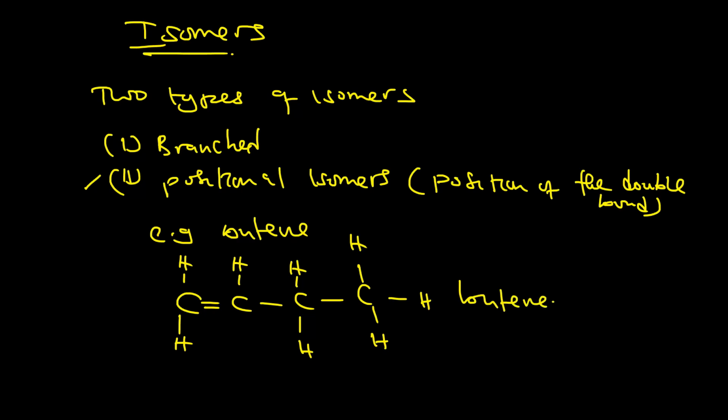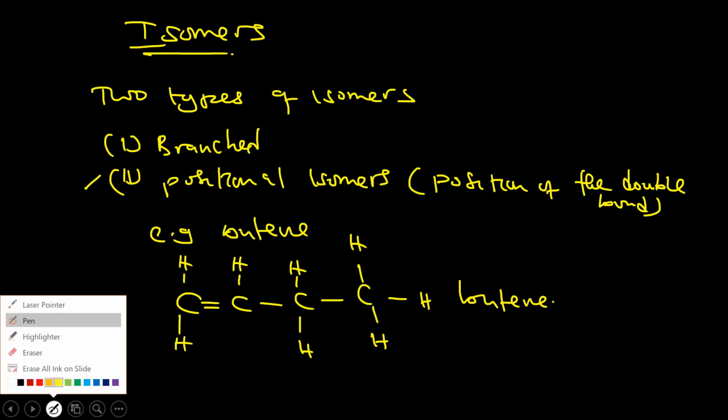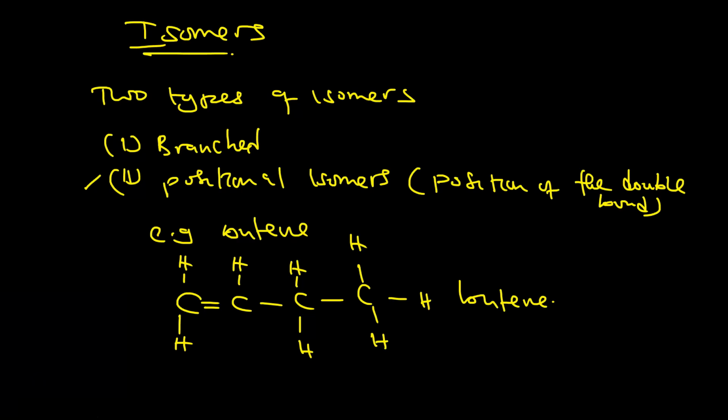Now, if we are to name this one, we prioritize the double bond. Where there is a branch, you give it the lower number, but here we look at where the double bond is. We count forward and backward: 1, 2, 3, 4.